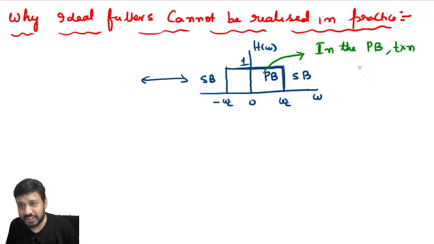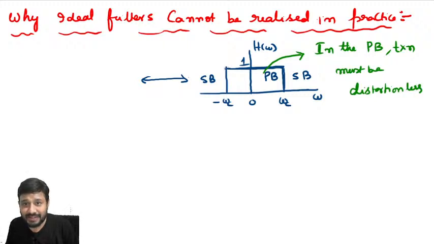Distortionless means in the pass band, the magnitude of the frequency response must be constant and the phase must be a linear function of frequency. But I am not including the phase for the sake of simplicity; you can include the phase also. Observe here, it is satisfied. The magnitude of the frequency response is constant.